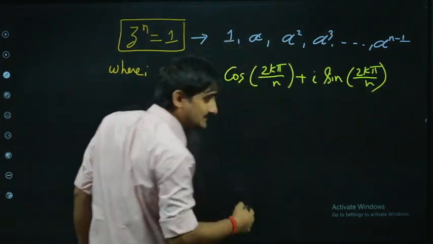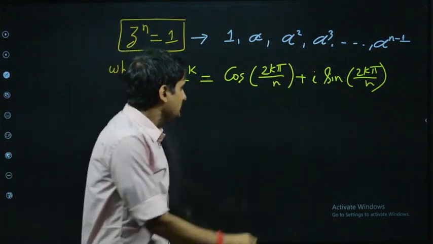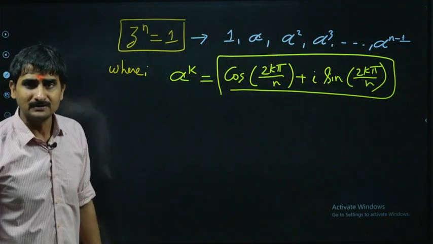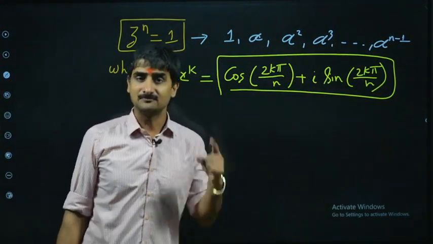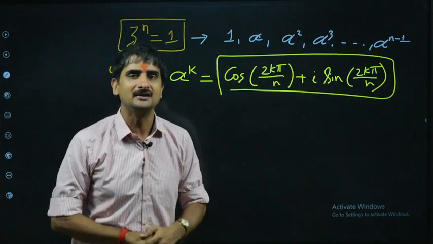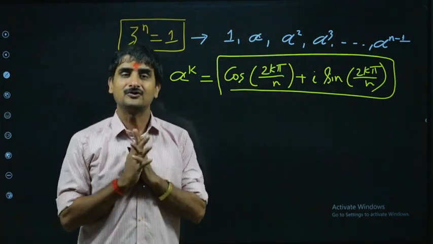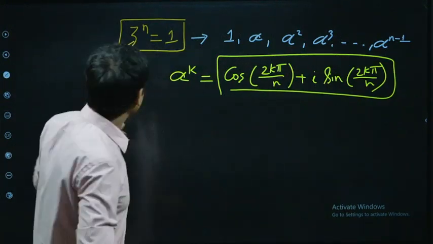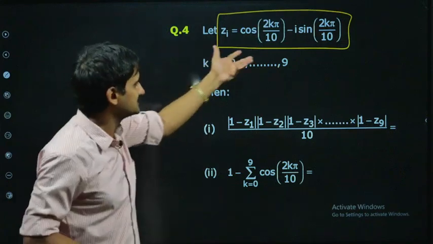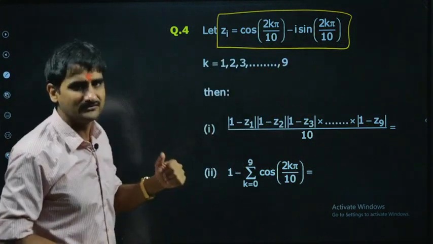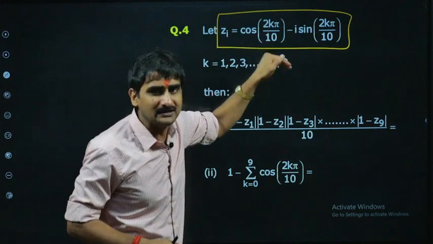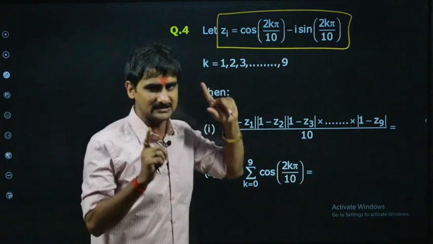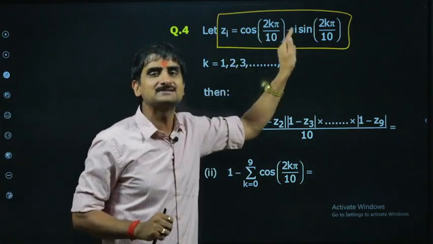I always tell my students that whenever you come across any such expression in a complex number question, the first thing that should strike your mind is the concept of roots of unity and all the properties related to it. Now you can say that this is not comparable to that form because it is cos 2k pi by 10, which simply means n is 10 here, but instead of plus iota it is minus iota.